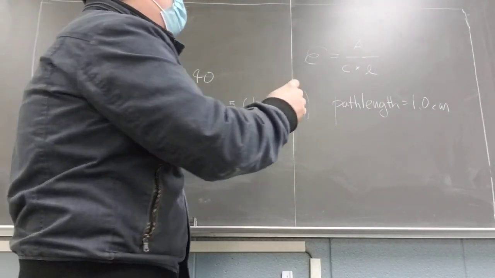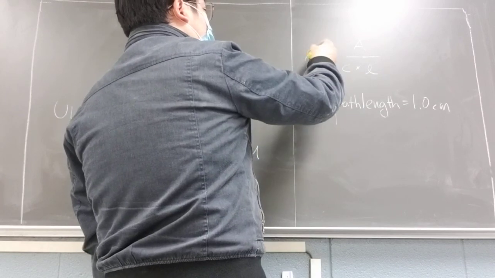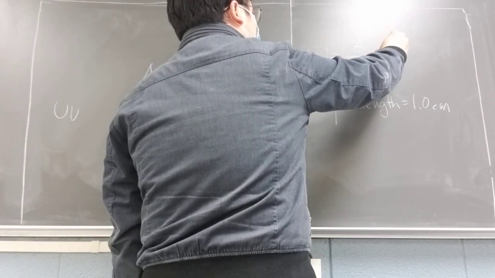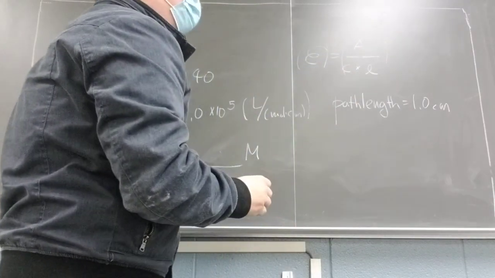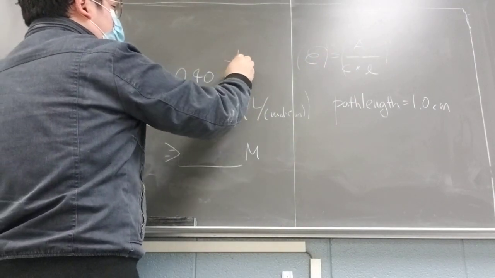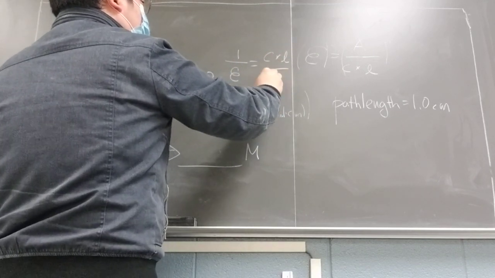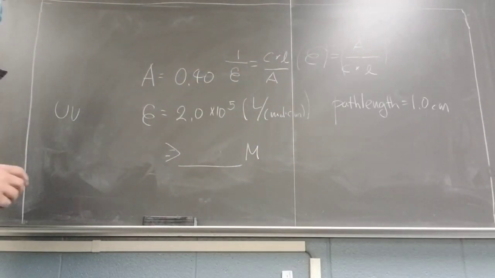Okay, so let's do this together real quick. So if you look at this one over here, the one we did was we tried to flip these two over. Okay, so if you do that, it will become this. Okay, you guys know this one, right?